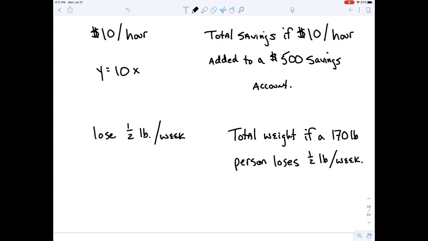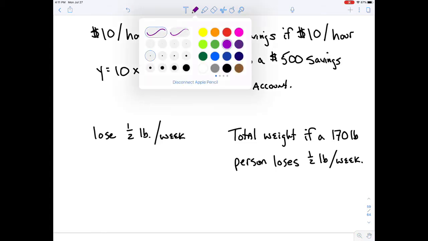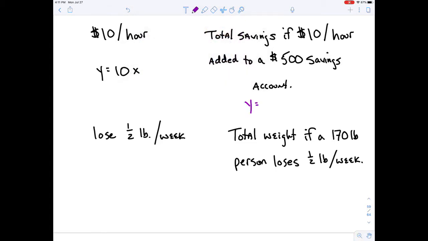But on the right-hand side, total savings if I get a $10 an hour job, but I'm adding that to a $500 savings account. So I already have money, and now I'm going to add on to that money. Look how my equation is going to change. I'm going to write y equals, I still have 10x because I'm still earning $10 per hour, but I have an additional $500, and this additional $500 is that y-intercept we've been talking about.